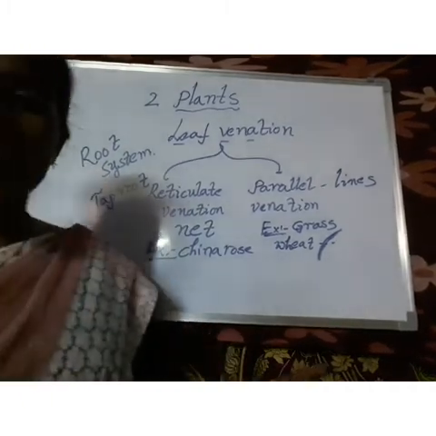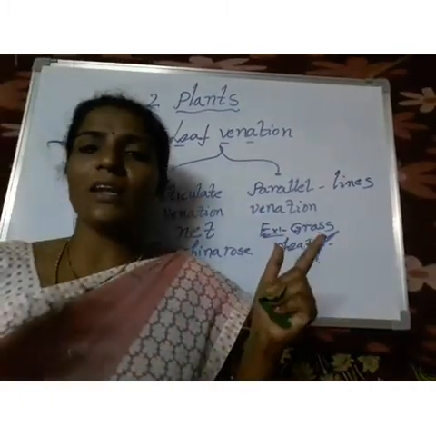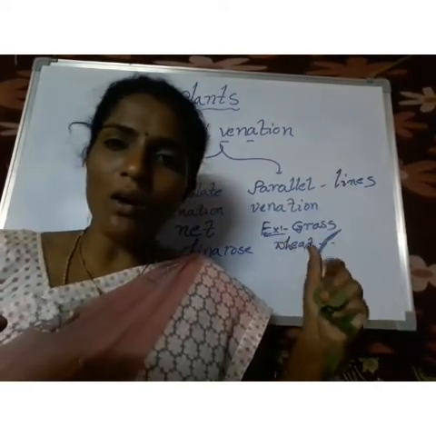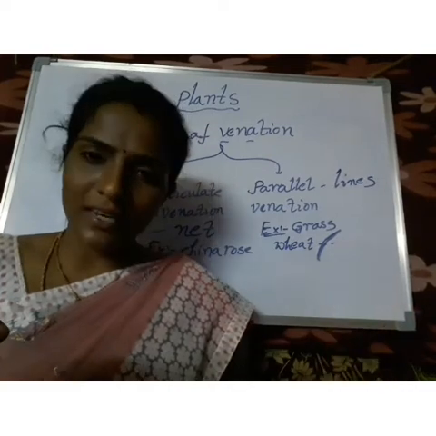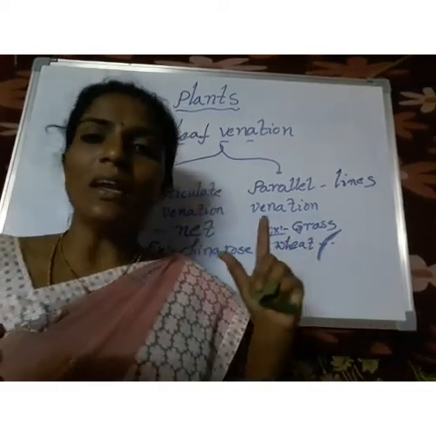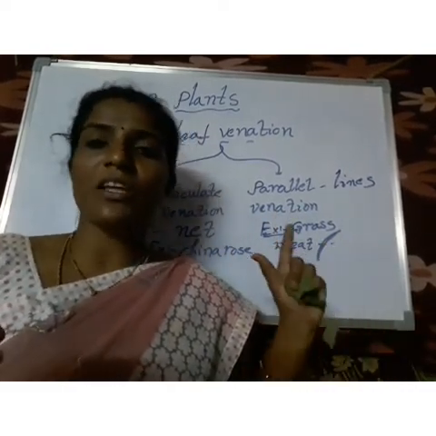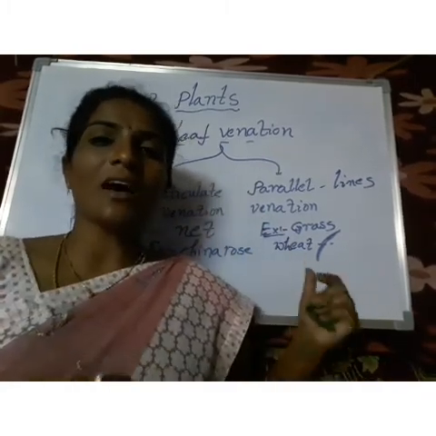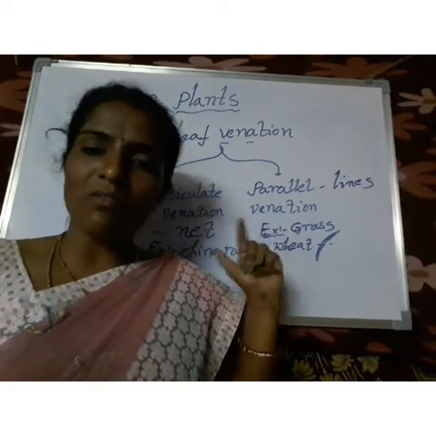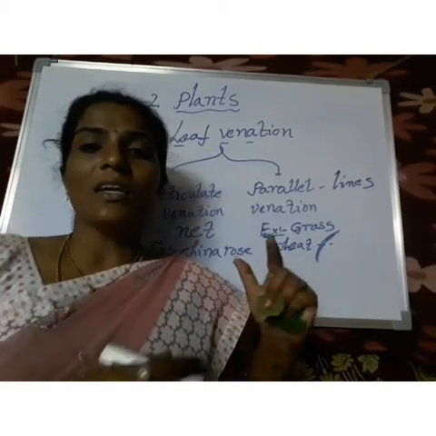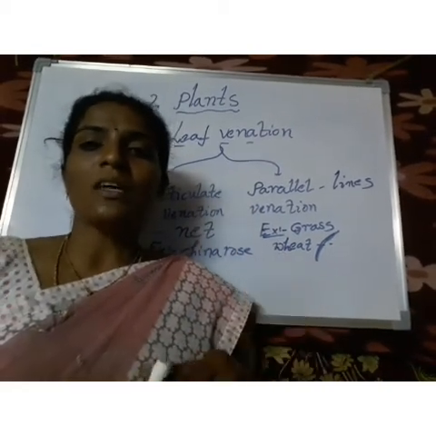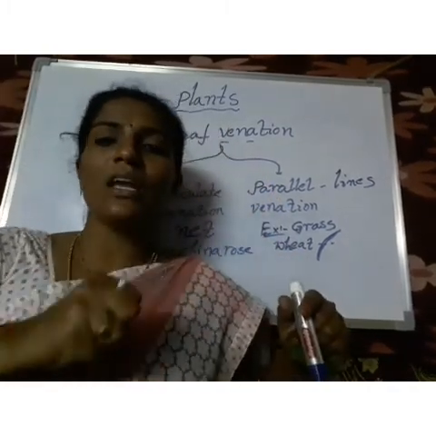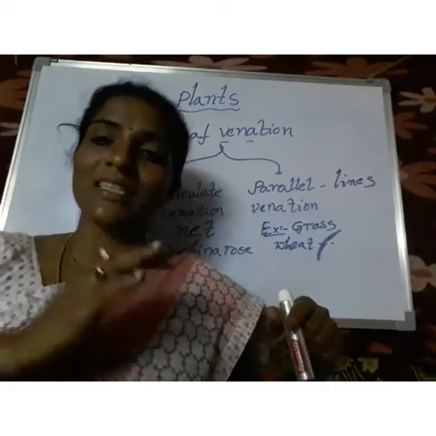For example, if in your surroundings there is a mango tree, you can pluck one mango leaf from that tree and observe that it has reticulate venation, because it has a midrib and net-like structures. And it has a taproot system, because the taproot system enters deeply into the soil and we cannot take it out easily.